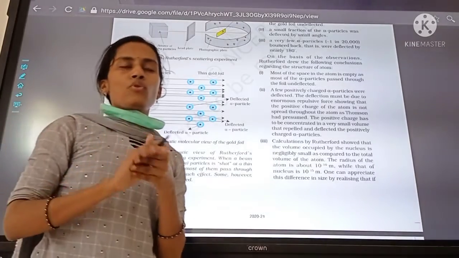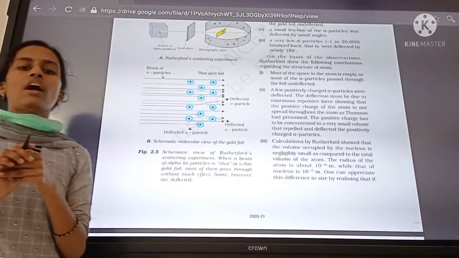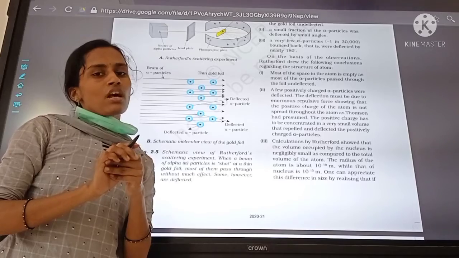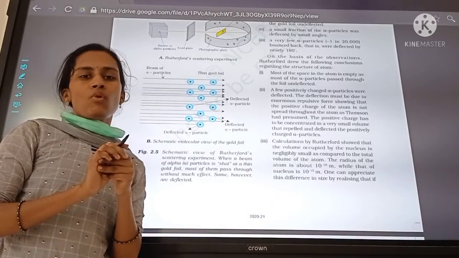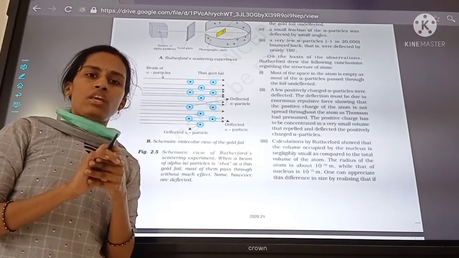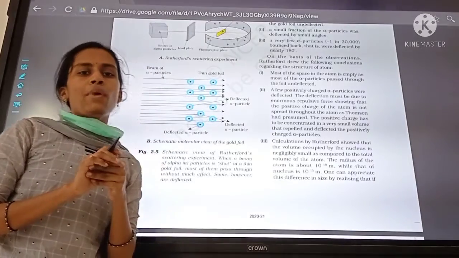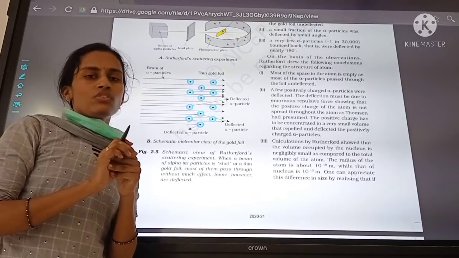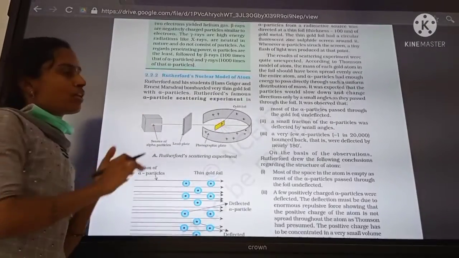One more postulate of Rutherford is that electrons are revolving around the nucleus in a circular path. Like planets revolving around the sun, in the same way electrons revolve around the nucleus. So he compared his model to the solar system. That's why this model is also called the nuclear model of the atom.